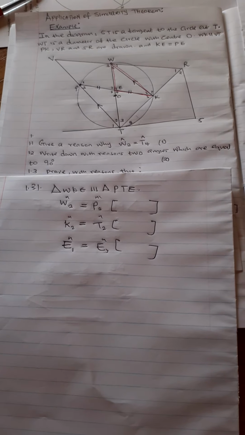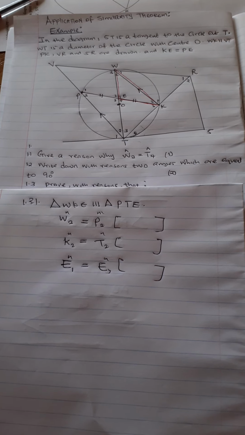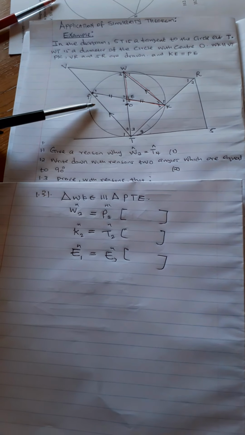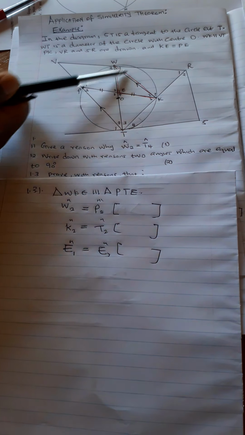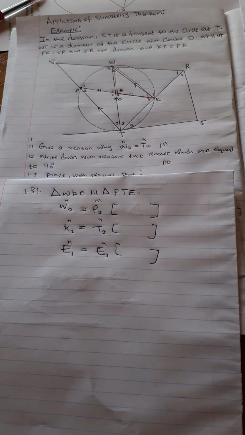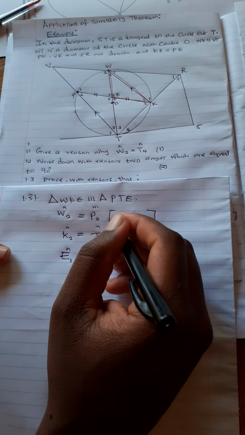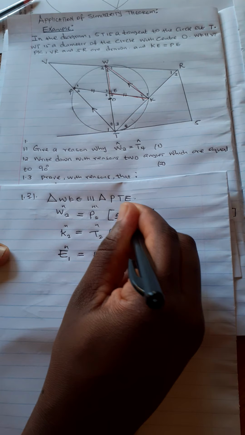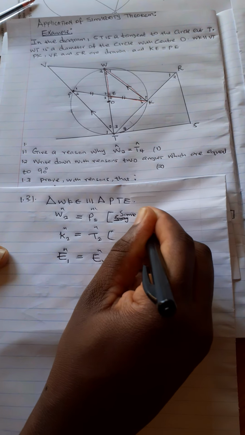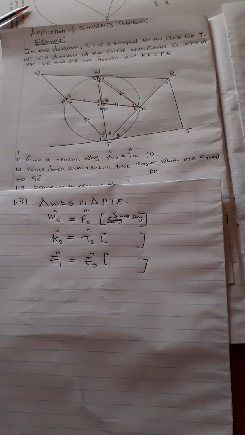Just go and look for a reason on the diagram. Let's check why W2 and P2 are equal. You can see that angles subtended by the same arc. This is the same segment. Angles on the same segment are equal. You see, this is so easy.